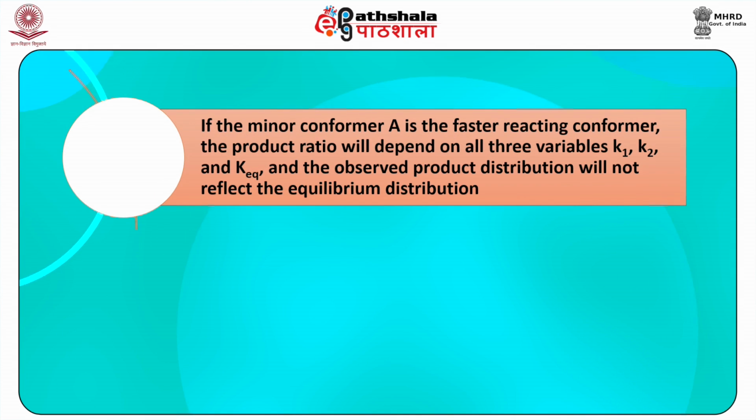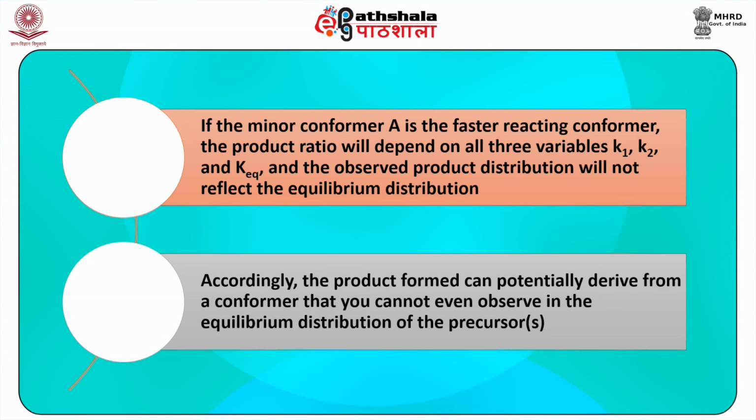If the minor conformer A is the faster reacting conformer, the product ratio will depend on all three variables K1, K2 and K equilibrium, and the observed product distribution will not reflect the equilibrium distribution.